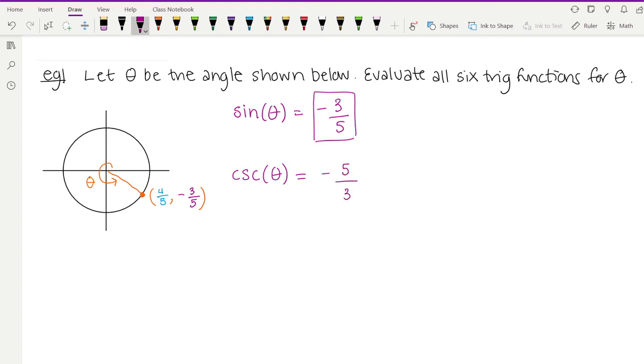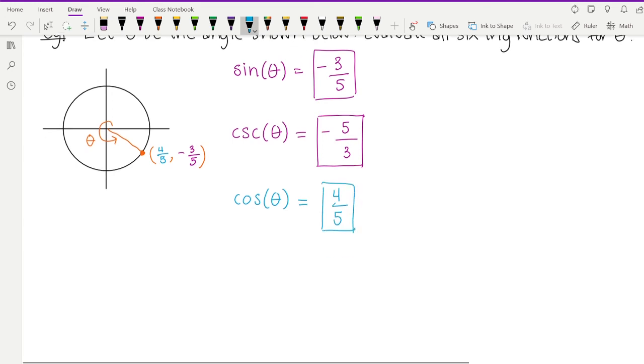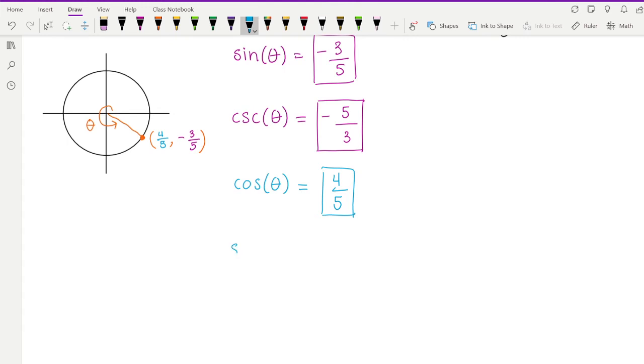I'm not going to write out 1 over sine of theta, because at this point we've done that enough times. Then cosine of theta is just the x coordinate of the terminal point, so that's 4 over 5. And secant is the reciprocal of cosine, so that's the reciprocal of 4 over 5, which is 5 over 4.